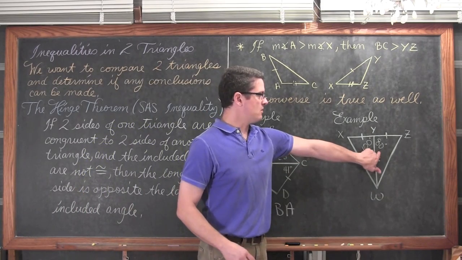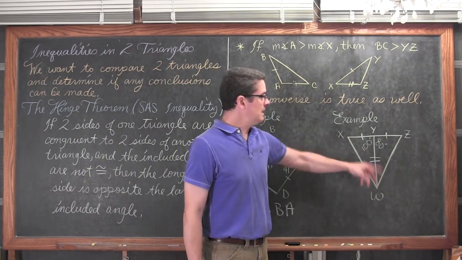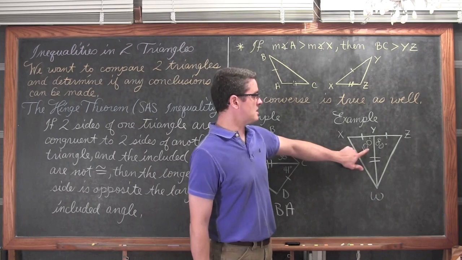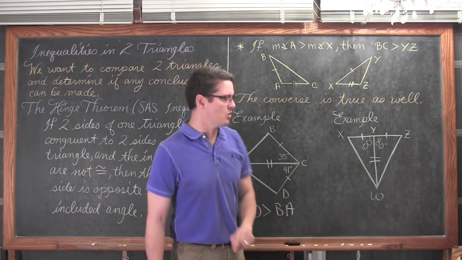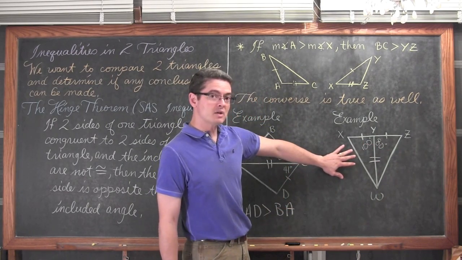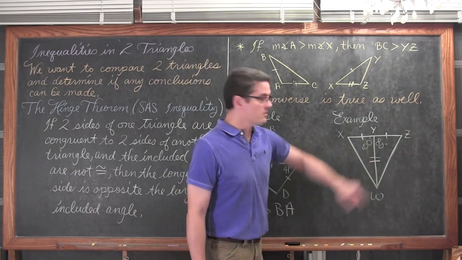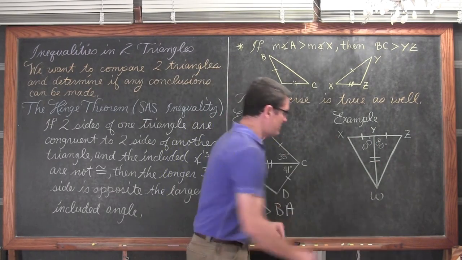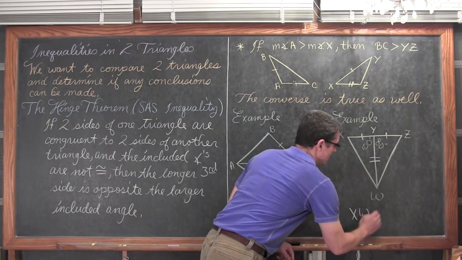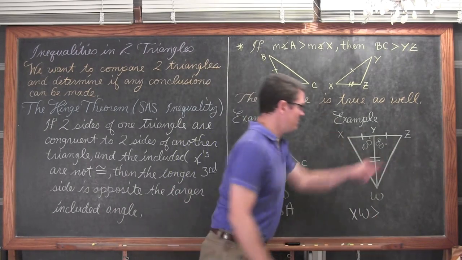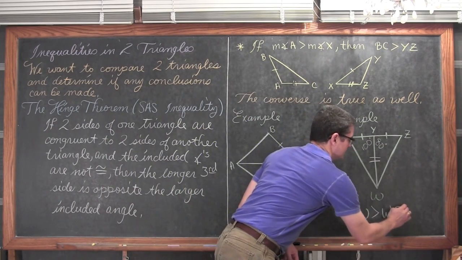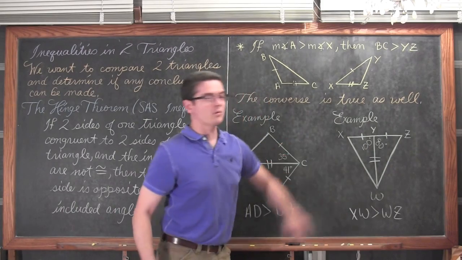And while these two angles purposely look like they're equal, you are told that this one is 100 and this one is 80. So that was on purpose. Don't ever trust your diagram. Trust the information given to you in the diagram. 100 is greater than 80. That means that XW is greater than WZ because it's opposite the greater angle.